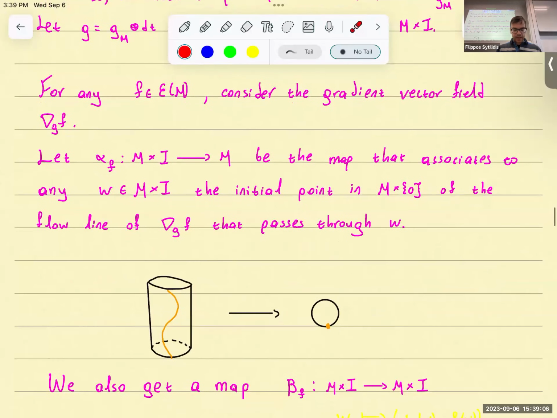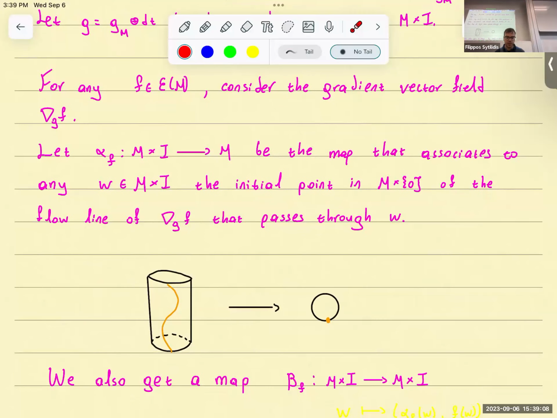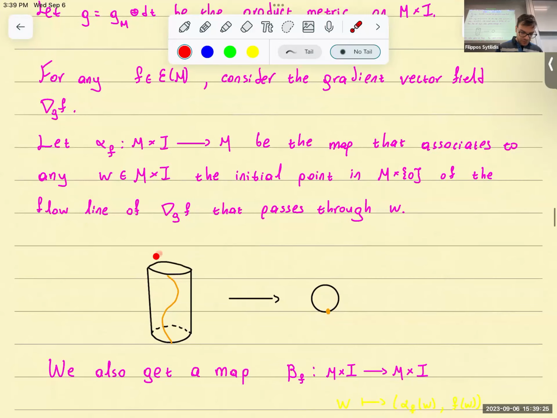There's the following map that I can write down, which is the map from M cross I to M. I'm going to tell you what that map is, but I also want to give a picture of what it does. So again, if you take our favorite picture, M to be the circle, M cross I is the cylinder.